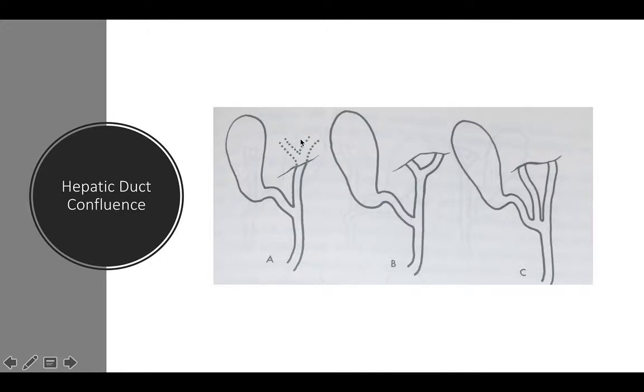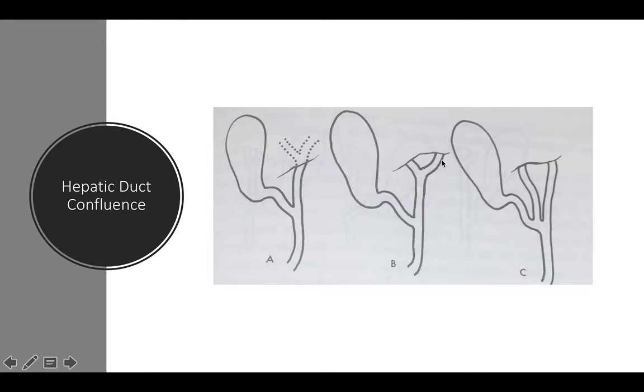You can see in diagram A, this is one variation, which is, from a surgical point of view, not a bad one to have in relation to a laparoscopic cholecystectomy. The other variation in B is when the confluence is extrahepatic.